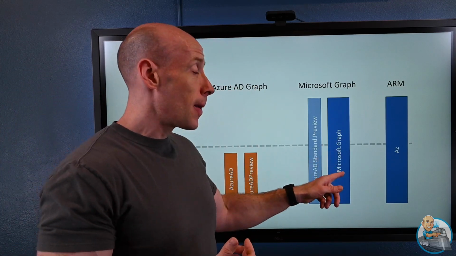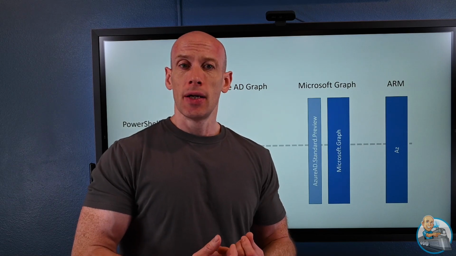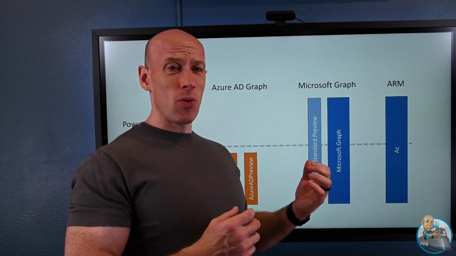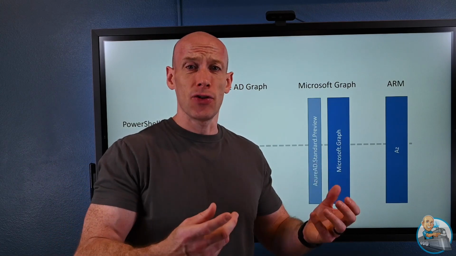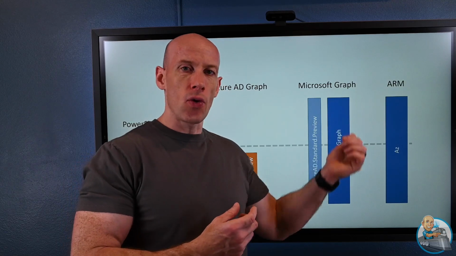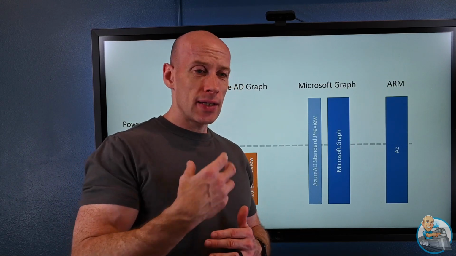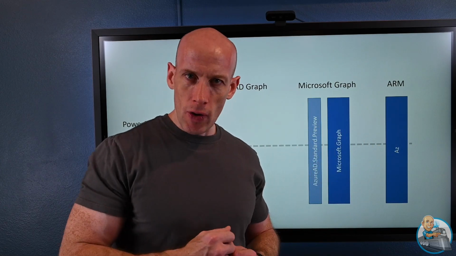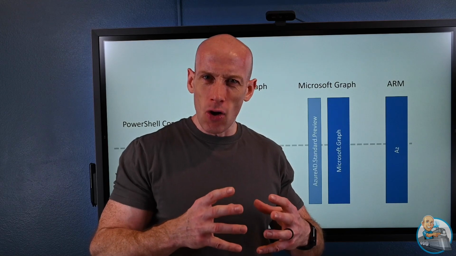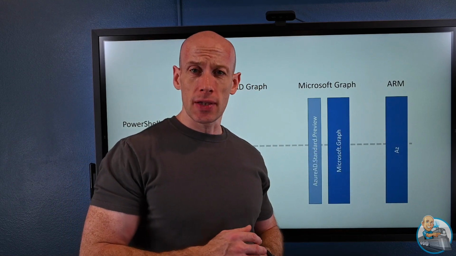And with Graph, when I connect, I actually have to tell it what I want to do. So the token I get has certain permissions, and by default I can do hardly anything. I can read a few things. I tell it what types of resource I want to interact with. So if you're starting today and you look into what's the best way to interact for bulk, fairly standard operations on Azure AD, I can absolutely use Az.Resources.